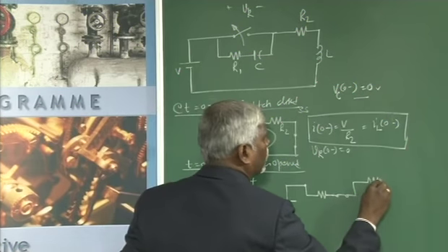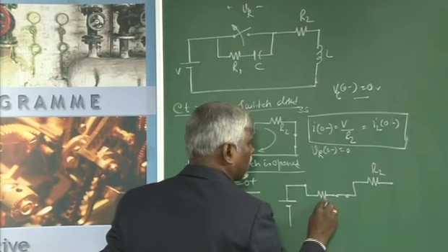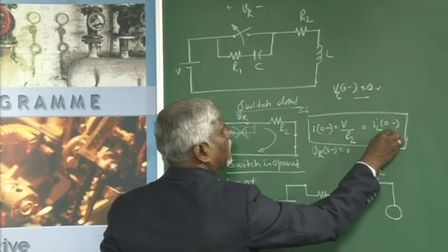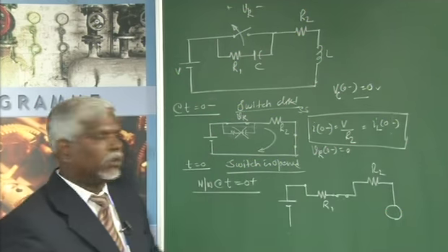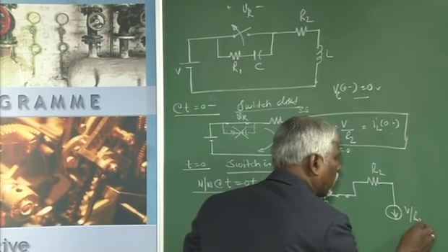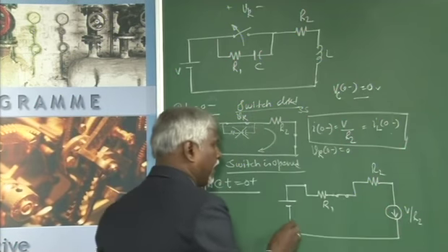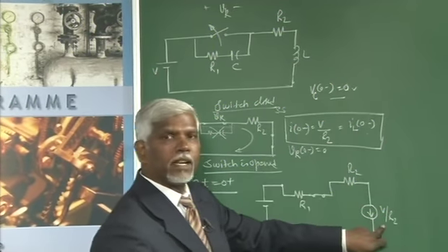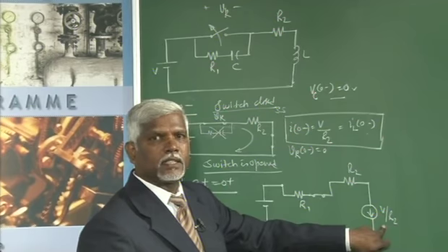I have R2, I have R1. My inductor has a current through it of V by R2. It acts as a current source of value V by R2. Inductor with initial current IL at 0 minus will have the same IL at 0 plus. It does not allow any sudden change in current.